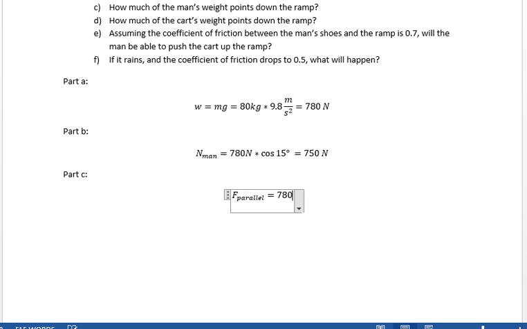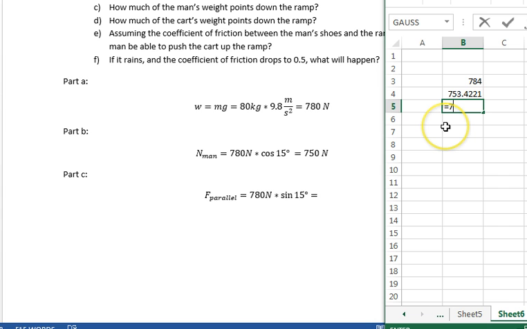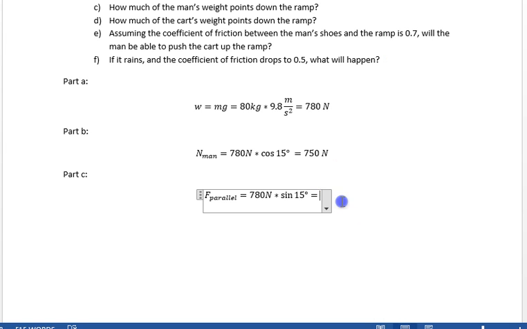That is 780 newtons times the sine of 15 degrees, which equals 202, so 200 newtons.